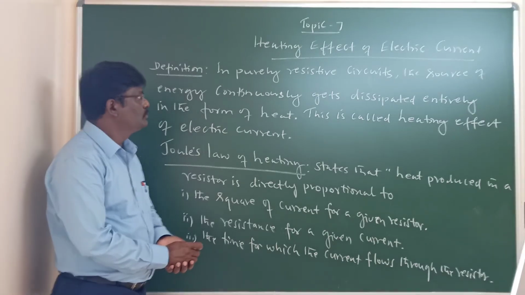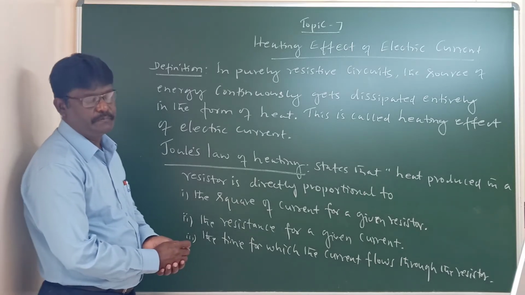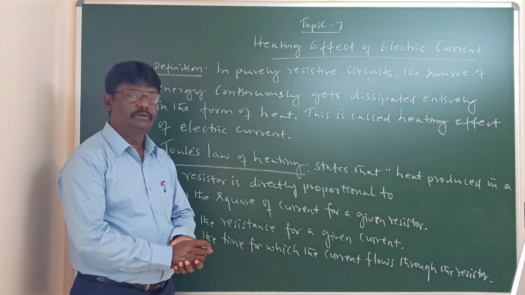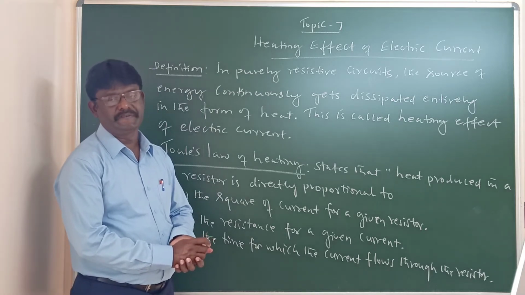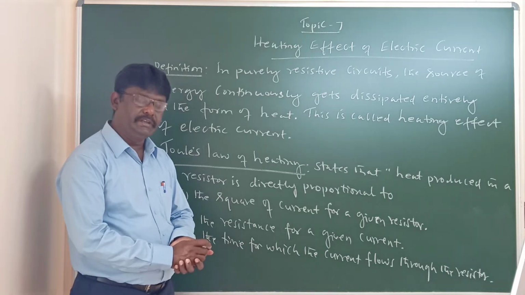Okay, children. One more subtopic: heating effect of electric current. Just now we have seen the meaning of resistance and also the combinations of resistors in parallel as well as in series. What is the meaning of resistance?